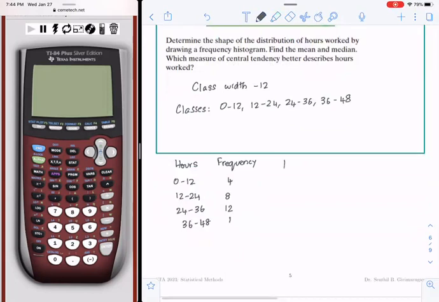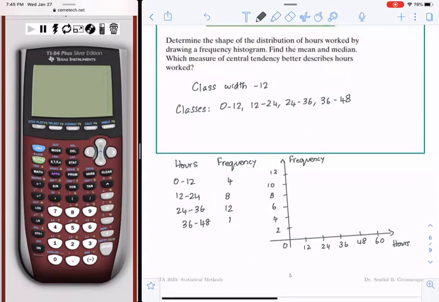So if I drew this, 0 to 12, 12 to 24, 24 to 36, 36 to 48, 48 to 60, and we have frequency up there, 2, 4, 6, 8, 10, 12.